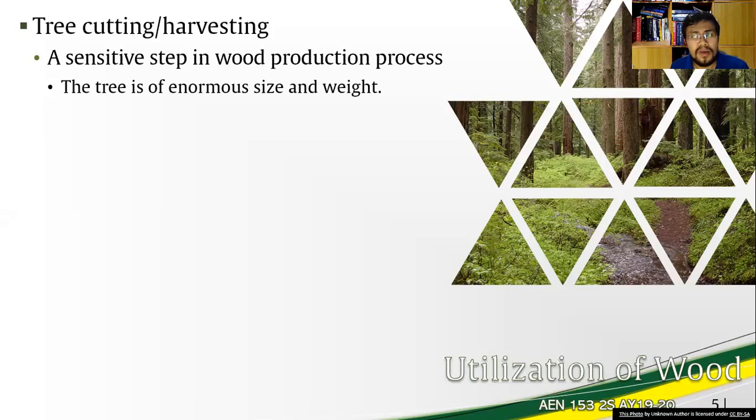The same here, a tree of enormous size and weight can be a big problem for a person like us. So what could happen when you're cutting is that the tree might not fall in the right direction. That happens, and well, later you'll see why it's a problem.